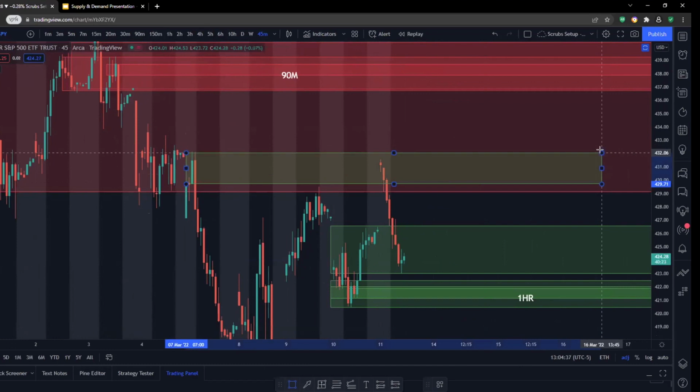If you look here, in pre-market, this is why we ended up kind of flushing a little bit, because we created a little imbalance right here. And as soon as the price action came into the supply imbalance, we started selling off. So that's another reason why we sold off today.